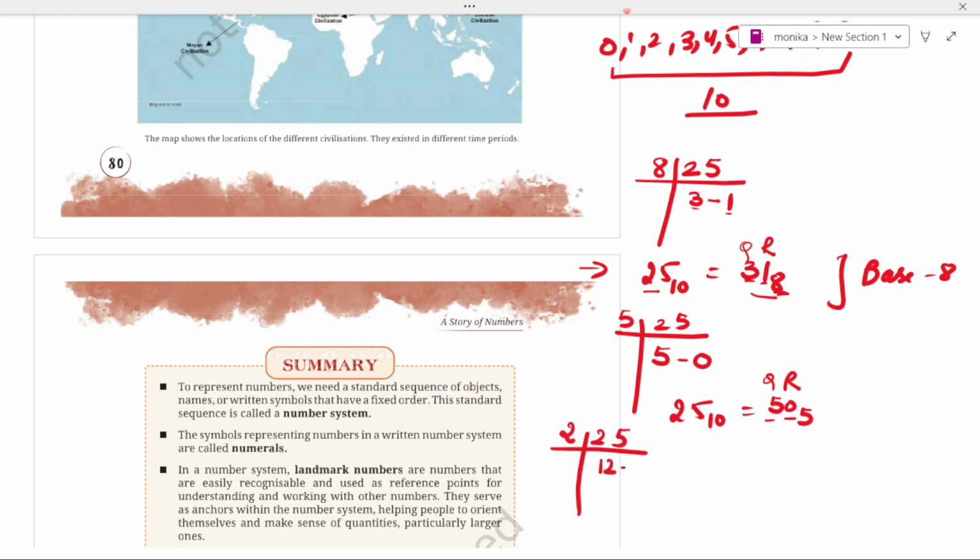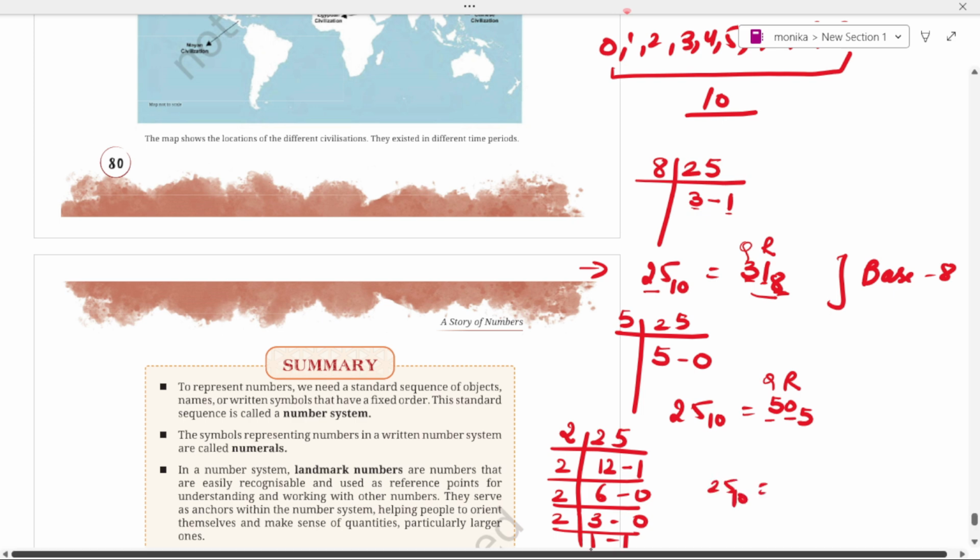Divide, note the quotient and remainder, divide again, note the quotient and remainder, and keep dividing. So 25 in base 10 can be presented through the quotients and remainders. This is how you present 25 in base 2.